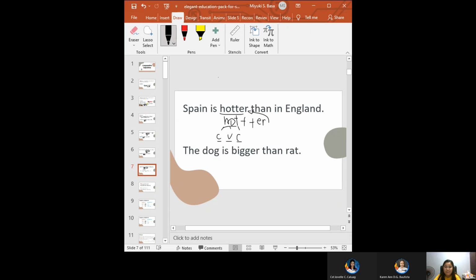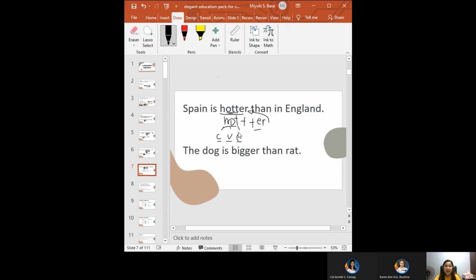Okay, I will repeat that. Our fourth rule is if the adjective follows the CVC pattern, we will just double the final letter of that word and we will add the suffix er to make it a comparative adjective. Are we clear? Clear po. Okay, thank you.